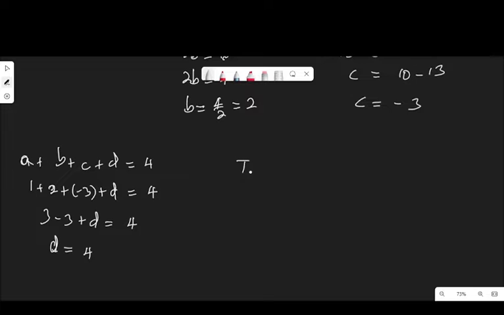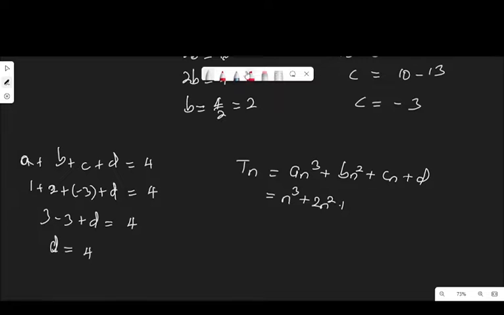And note that Tn is An to the power of 3 plus Bn to the power of 2 plus Cn plus D. We know A to be 1. 1 substituted here will be n to the power of 3. B is 2, so 2n to the power of 2.